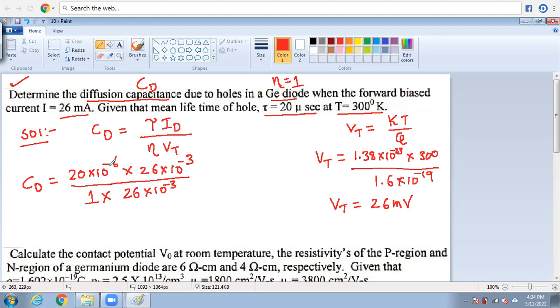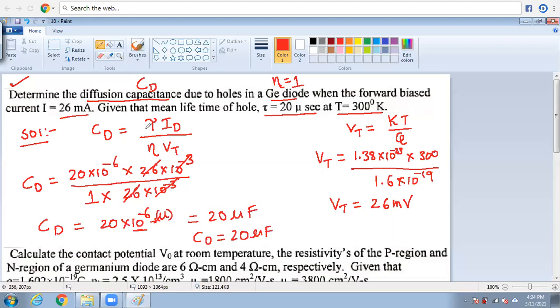The minus 3 gets cancelled, the 26 gets cancelled. So finally CD equals 20 into 10 to the power of minus 6, which can be denoted with micro. So finally, the diffusion capacitance CD equals 20 microfarad.